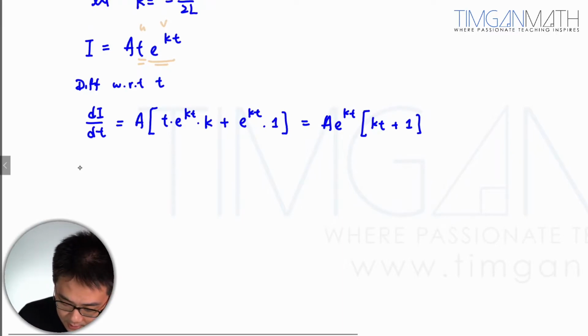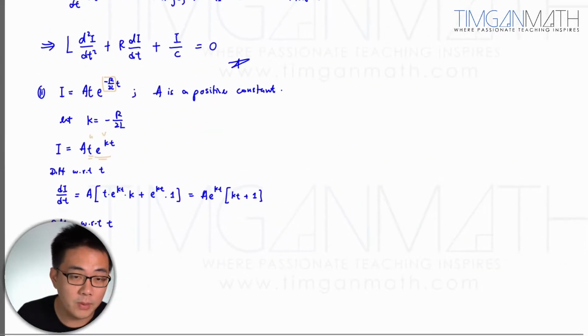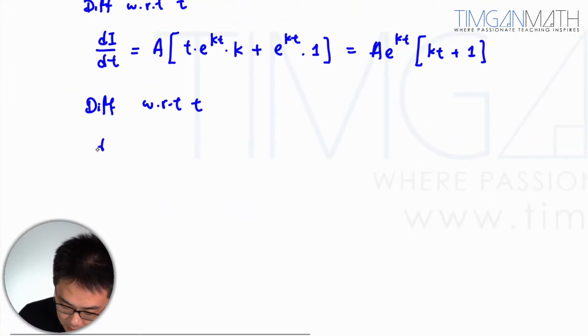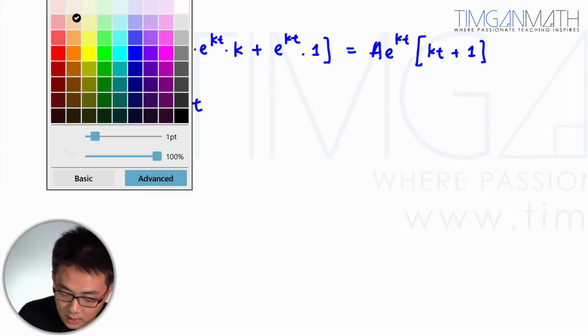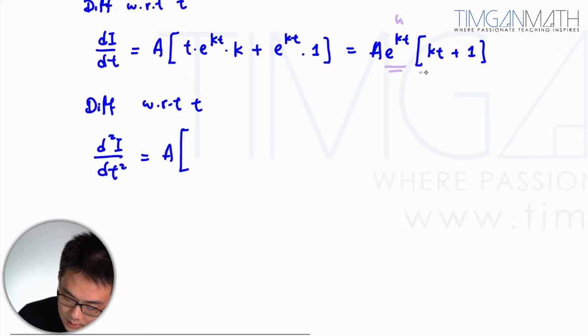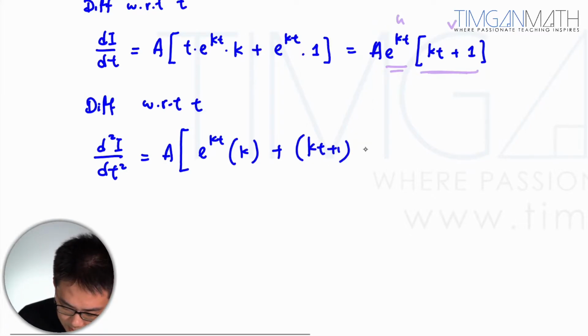Then the second thing is I'm going to differentiate again to the second derivative, because I need these two expressions to replace in. So d²I/dt² will be A, then do the same thing. This is u and this is v. So we use e^(kt) times dv, which is k, plus v, which is kt plus 1, multiplied with k e^(kt).